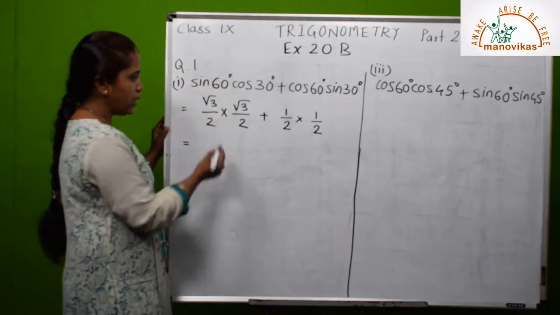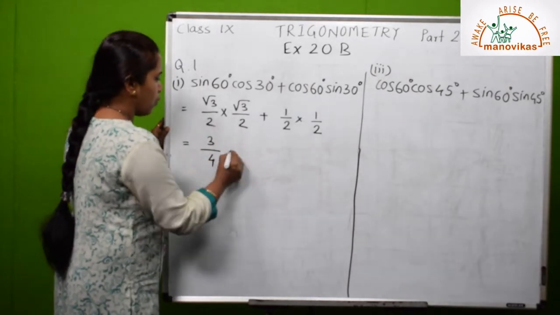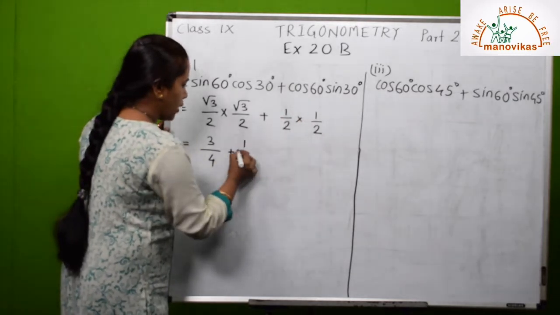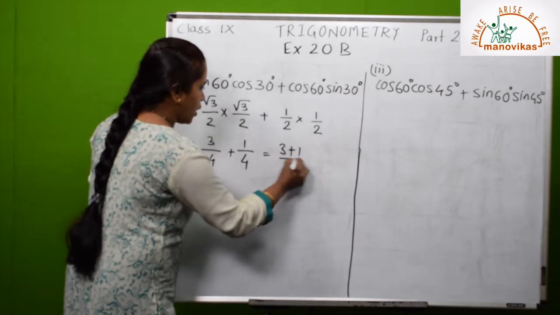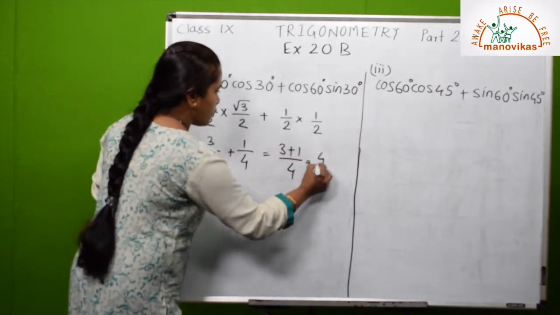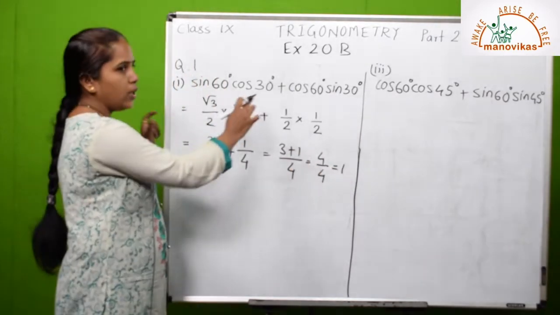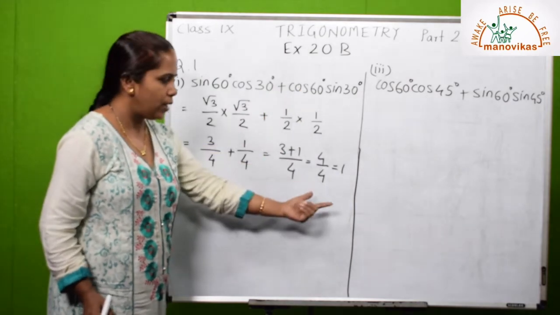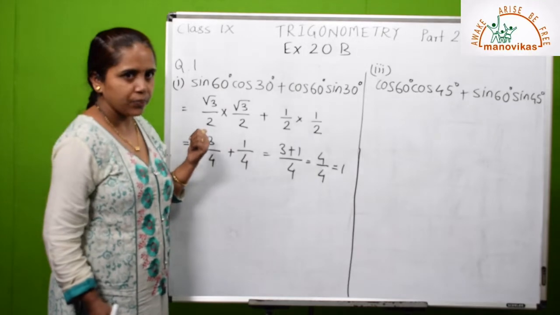If you simplify this, root 3 into root 3 is 3, 2 into 2 is 4, plus 1 upon 2 into 1 upon 2, 1 into 1 is 1, 2 into 2 is 4. So it is 3 plus 1 upon 4, that is 4 upon 4, which is equal to 1. So the value of sin 60 cos 30 plus cos 60 into sin 30 will be 1. This is question number 1, first sum.